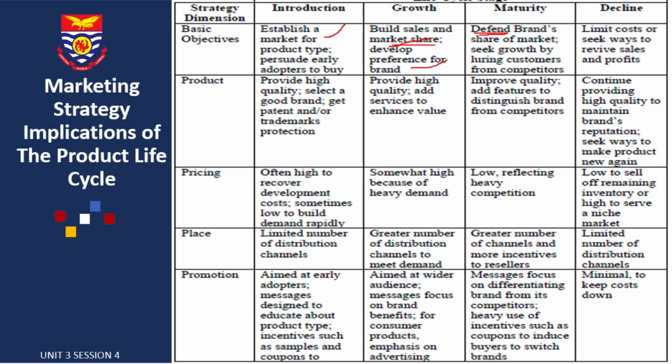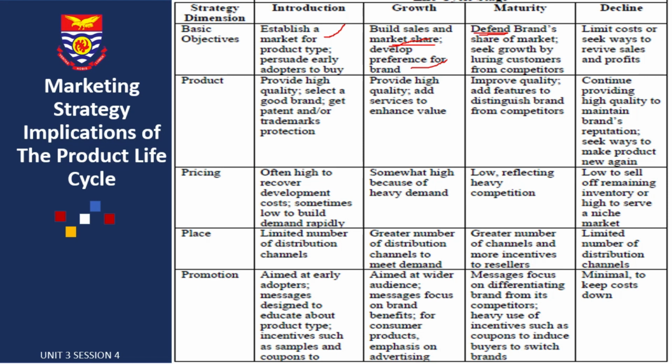When you look at the product at the introduction stage, there's a need for the marketer to come up with very high quality, select a good brand, get a patent that is legally binding, and or a trademark protection whereby nobody can imitate you.